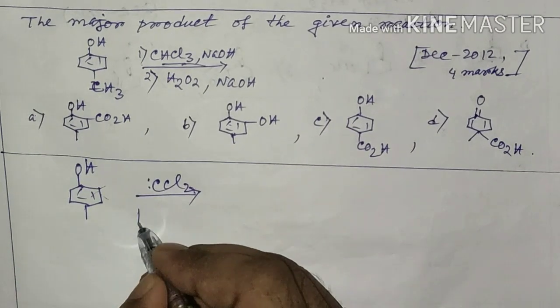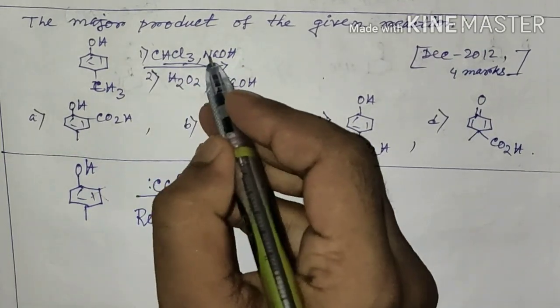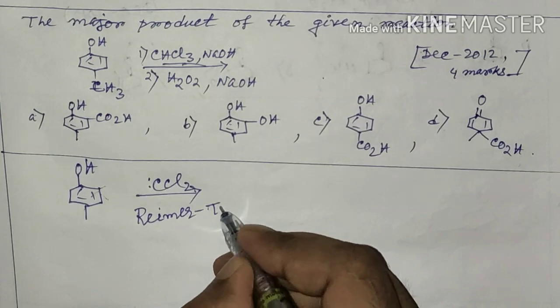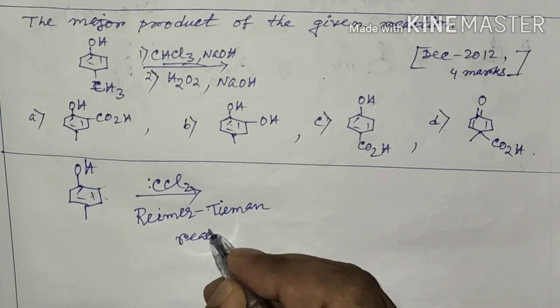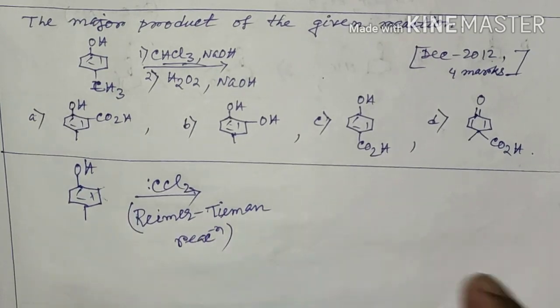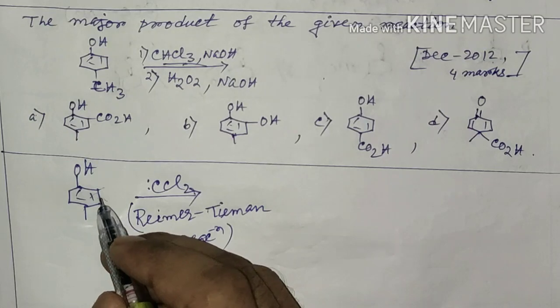It is an example of Reimer-Tiemann reaction. The first condition is for Reimer-Tiemann reaction. And for the product of Reimer-Tiemann reaction, you can see that the corresponding aldehyde will be formed.